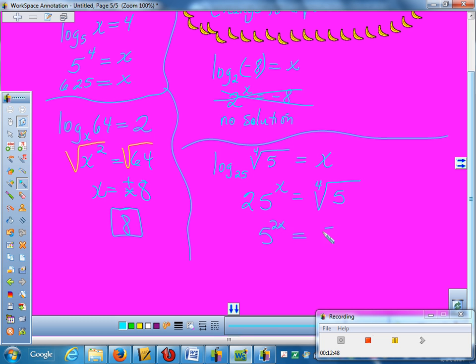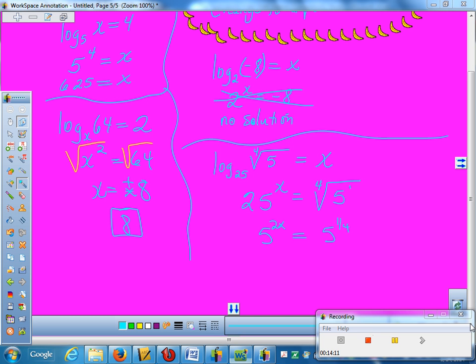Then I have to rewrite the other one with a common base. A 4th root is an exponent, 1/4. Yes, that's right. And then what do you do once you get your bases the same?